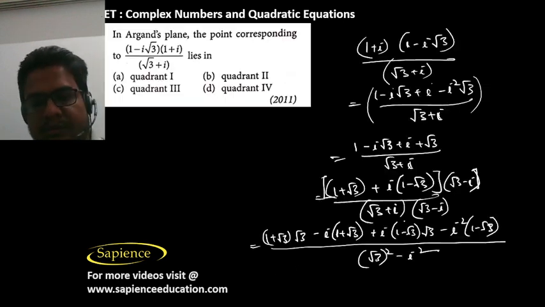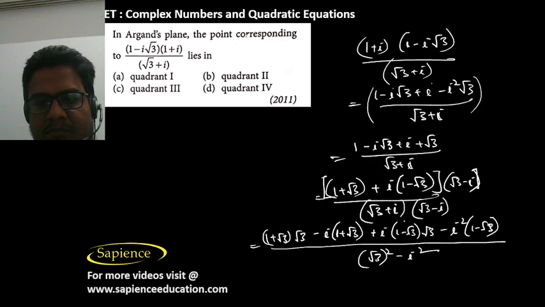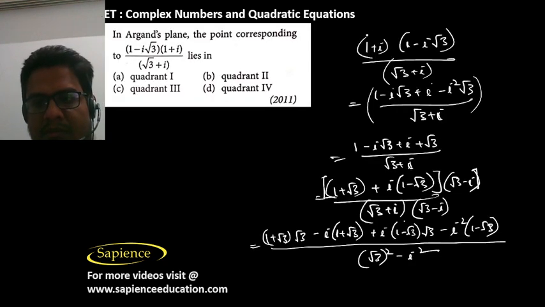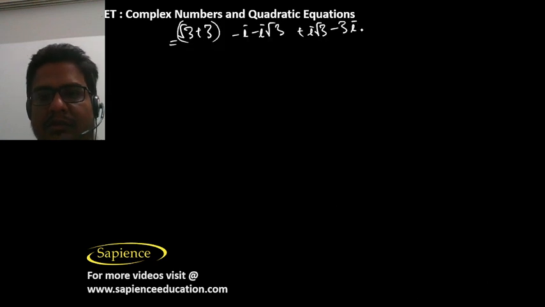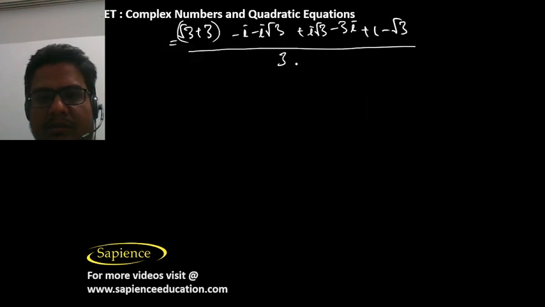So this will be equal to root 3 plus 3, minus i root 3, plus i root 3, minus 3i, then minus of minus 1, that is plus 1 minus root 3, divided by root 3 square, that is 3, minus of minus 1, that is plus 1.